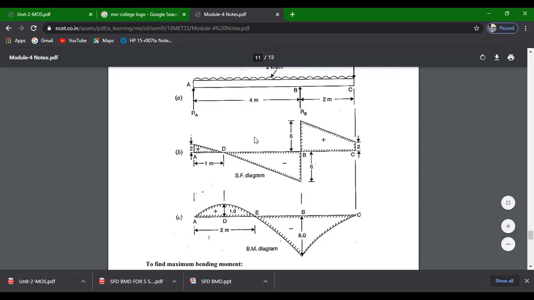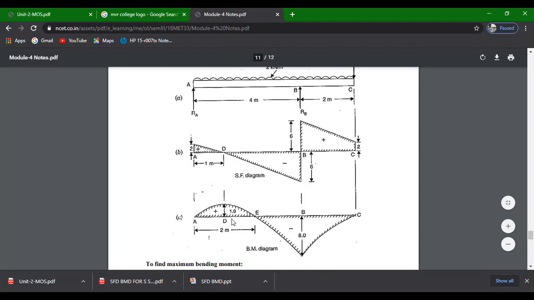At the point A also, we have a point load here. Due to the point load, the SFD will be a straight line. From A to B, we don't have any point loads. We have only UDL, and in case of UDL, it will be represented by the inclined lines, like this one. The SFD will be like this one.